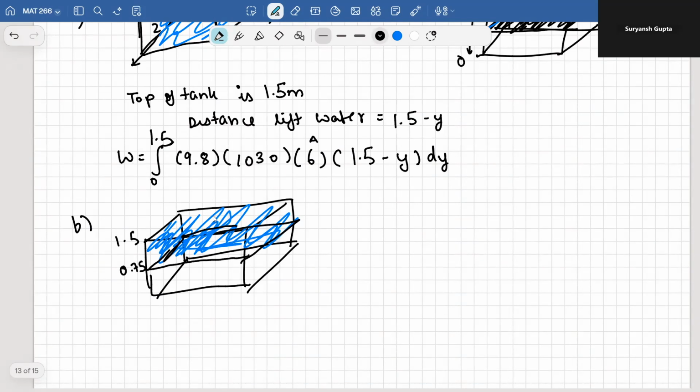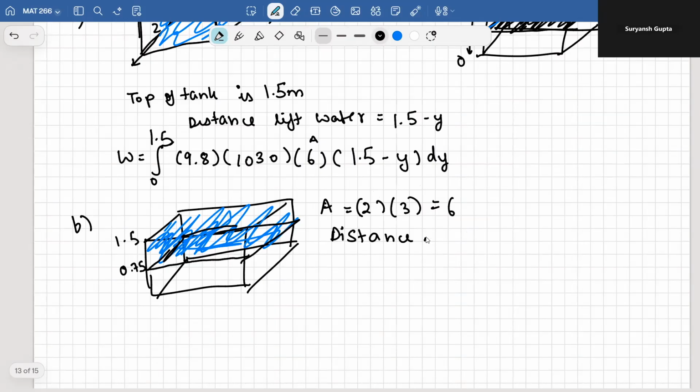My area is still the same, which is 2 times 3, because the cross section stays the same. It's not changing in this question. So area is still 6. The only thing that changes here are my integral bounds. But before accounting for my integral bounds, let's find the distance for lifting the water.